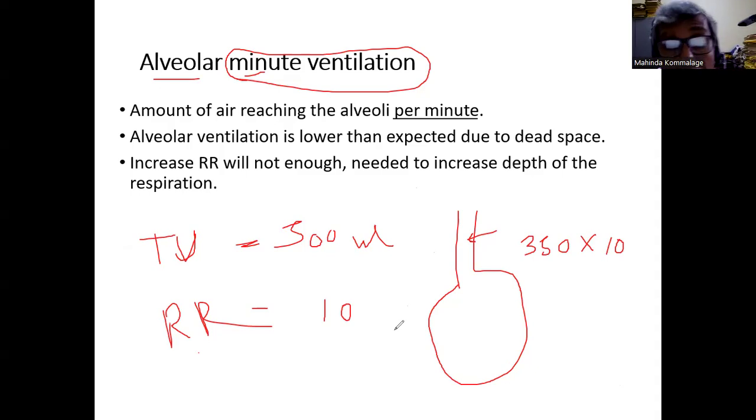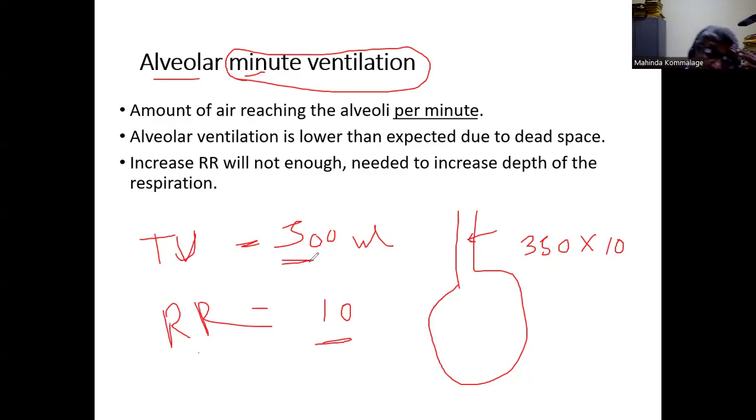if we ventilate a patient using artificial ventilation, because rate and volume, everything we can control, right? So let's say we keep the respiratory rate 10 and tidal volume in the artificial ventilation 500 milliliter.